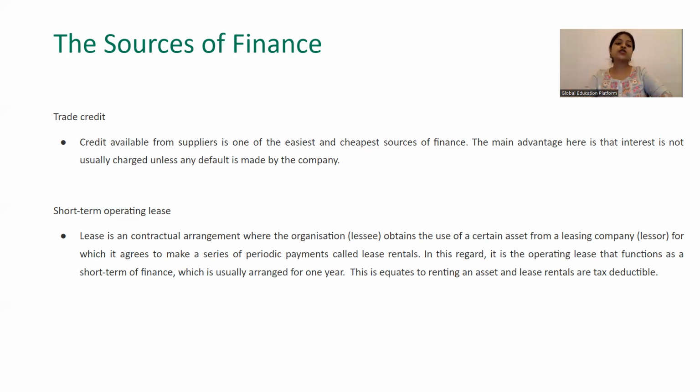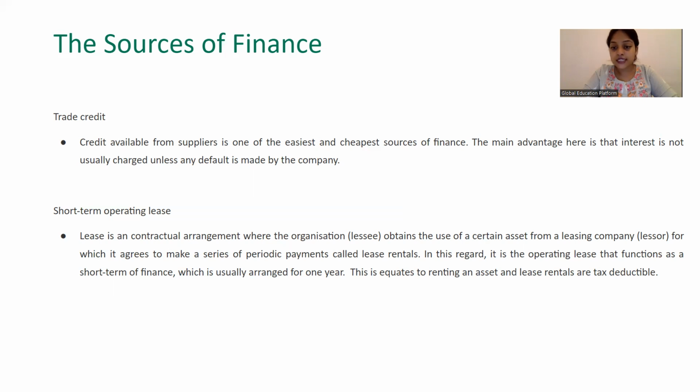And then next would be short-term operating lease. A lease is a contractual arrangement where the organization obtains the use of a certain asset from a leasing company, for which it agrees to make a series of periodic payments called rentals.